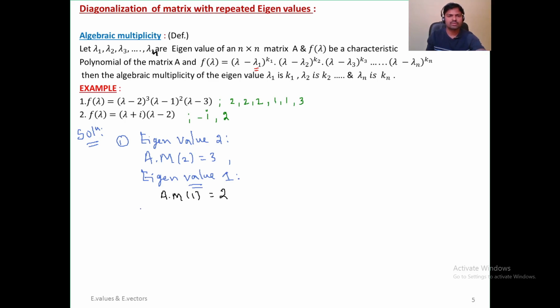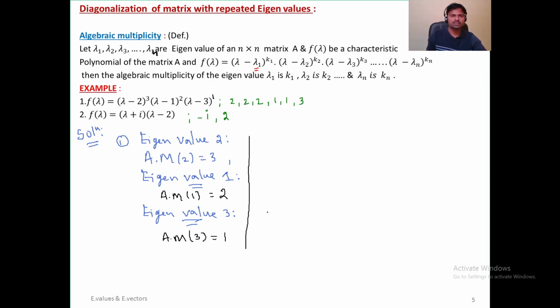Next, the third distinct eigenvalue, 3. What is its algebraic multiplicity? The algebraic multiplicity of the eigenvalue 3 is only one time. The power is 1, nothing there means 1, so k3 is 1. So these are the algebraic multiplicities.